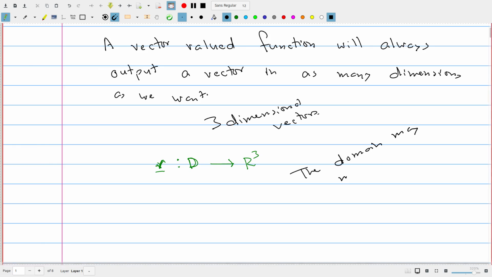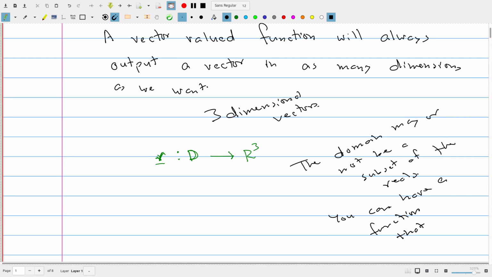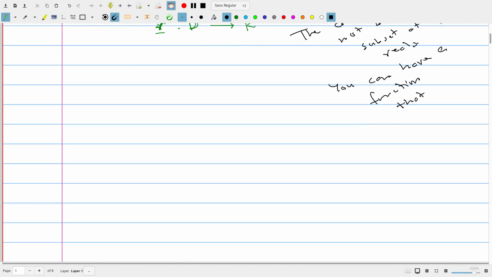For example, you can have a function that takes in a subset of R2.